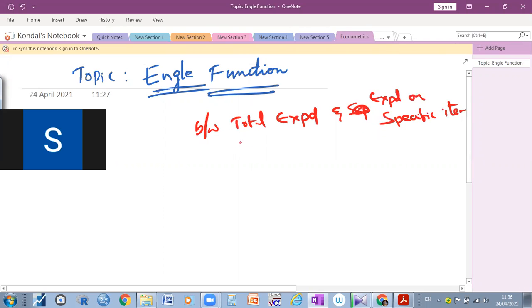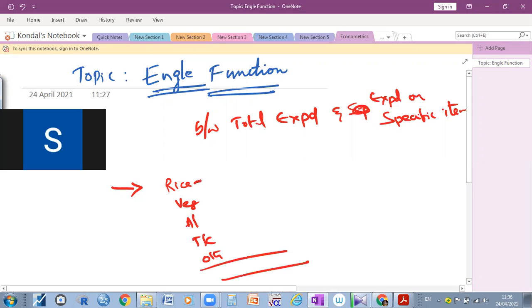For example, when you are spending some amount of money, what is your expenditure? Generally, household expenditure. If you take your family expenditure, it may be on rice, vegetables, alcohol, traditional customs, and others. So this is the total expenditure.